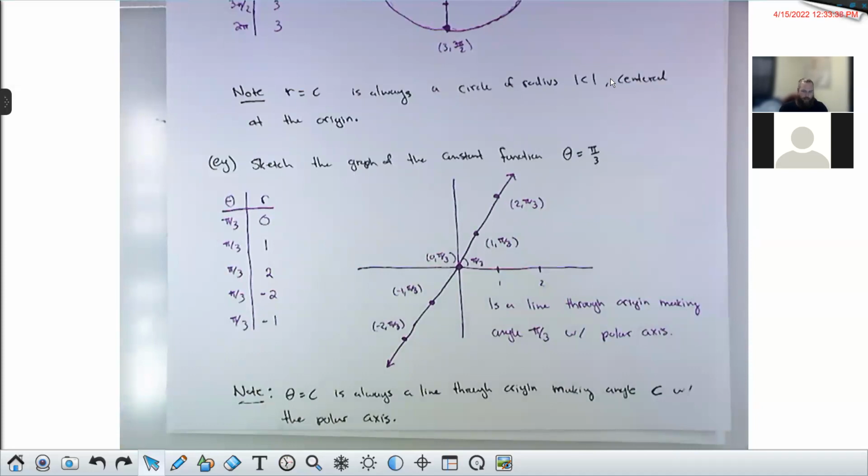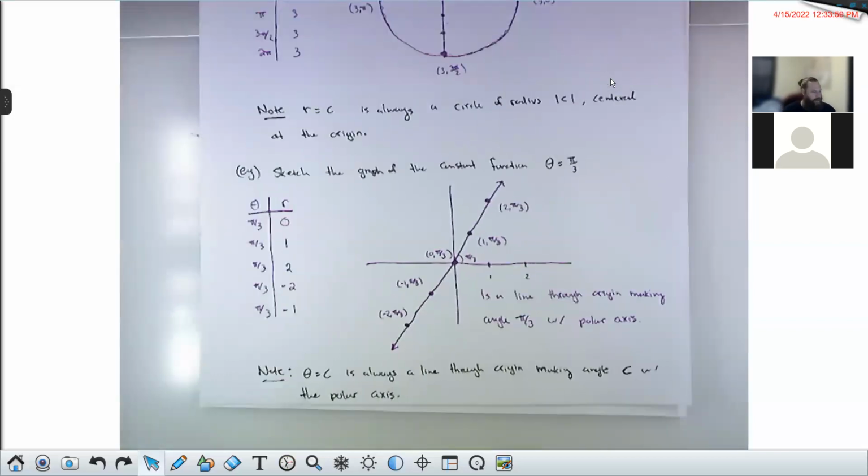Now, of course, just like when you're studying regular functions, constant functions are kind of boring. And we want to look at much more exotic stuff. So I'll give you two more examples here today. The last one is going to be kind of what we'll be doing most of next week. I'm just trying to warm you up for it.